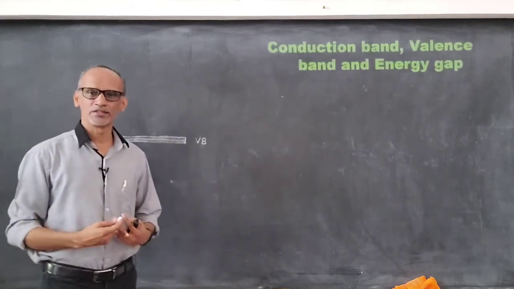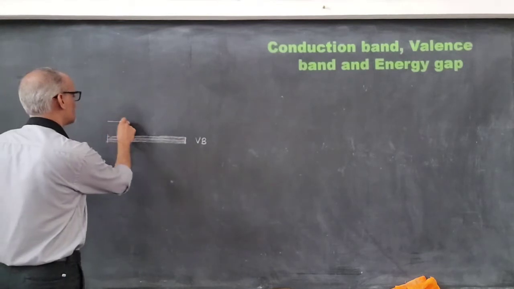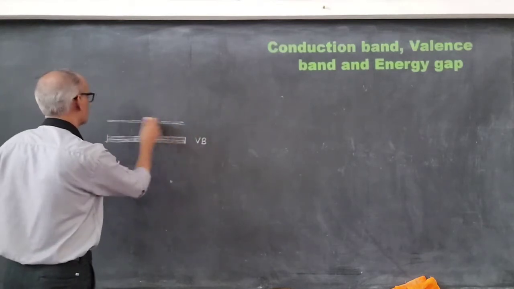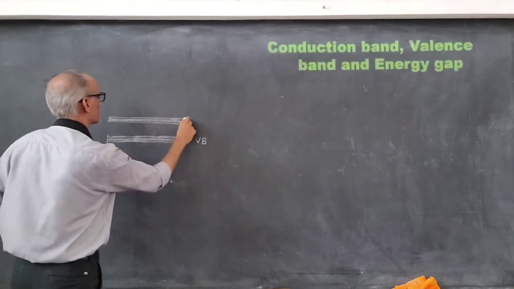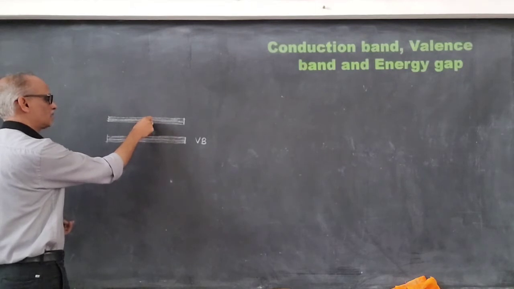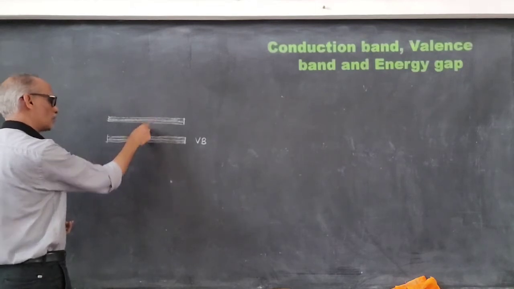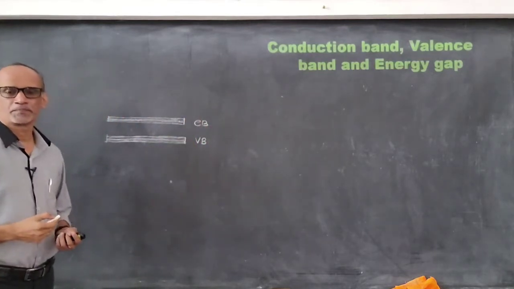And when you provide some energy to these valence electrons, they go to a higher energy level, and the energy band corresponding to the electrons when excited is called the conduction band.